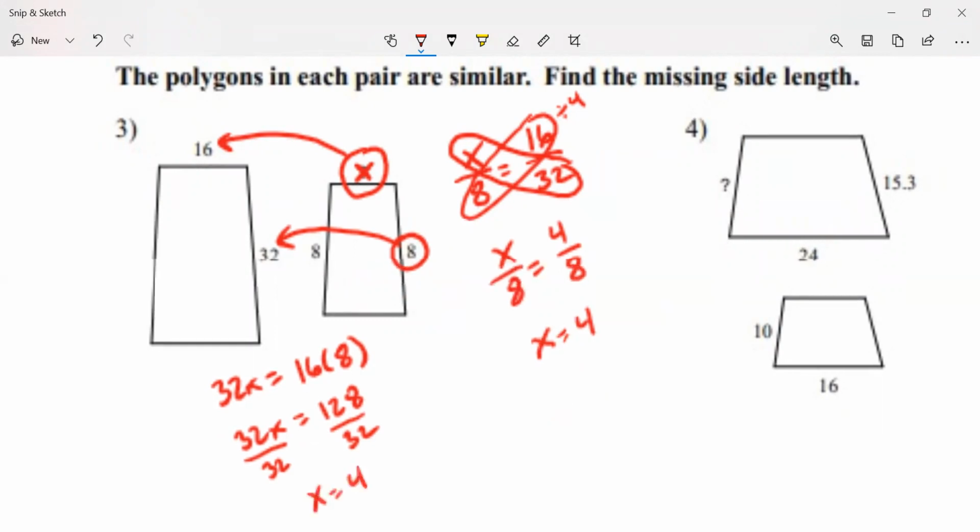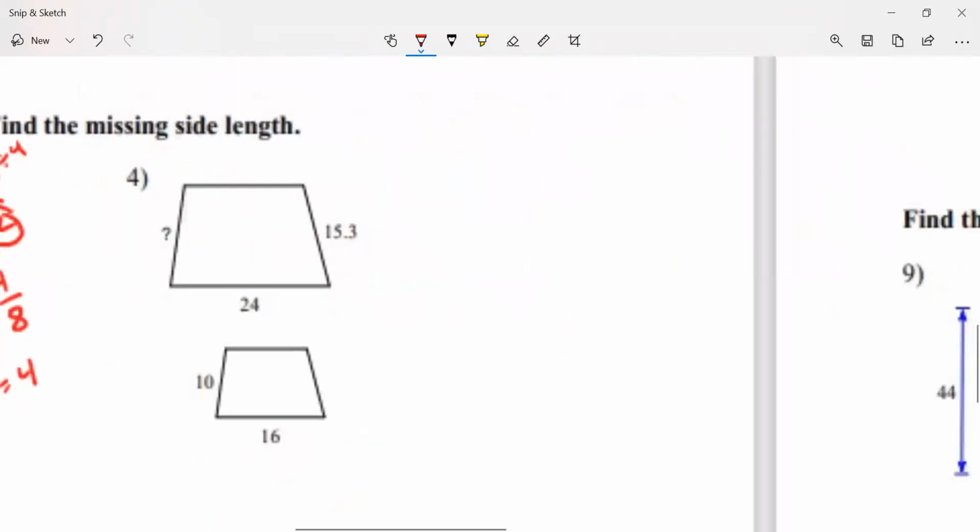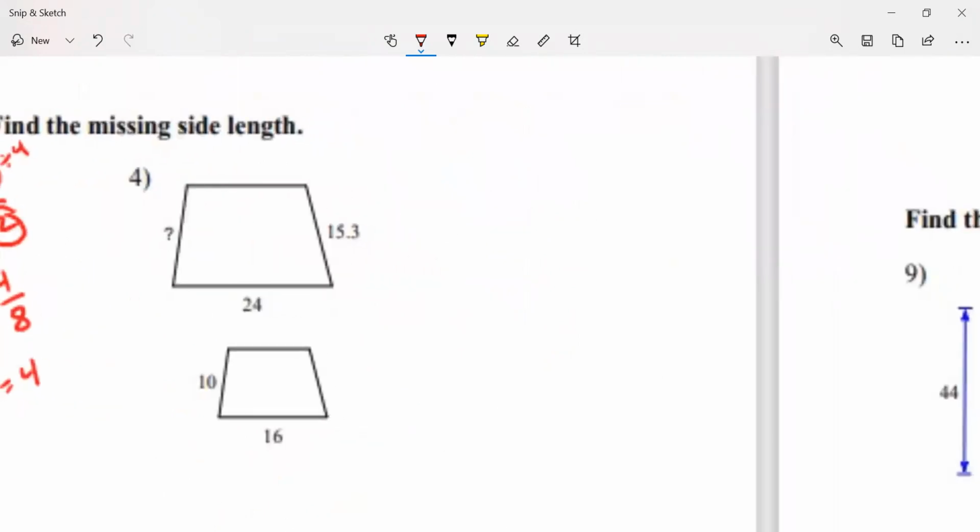So I've just showed you guys two ways how you guys can solve this question. Either simplify the fractions to make them look the same, or cross multiply. All right, let's take a look at question number 4. That question mark, I'm going to call it x. So I don't know the value of it, so I'm going to call it x. The two numbers I'm going to use from that polygon are going to be x and 24.